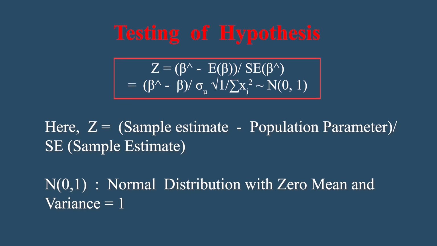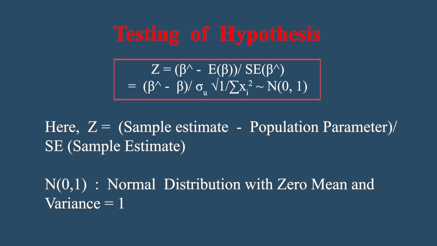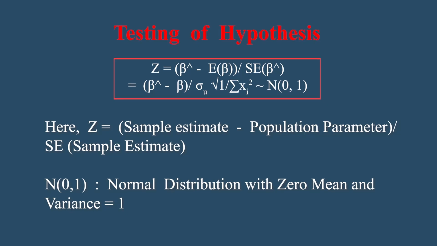By the z statistic, we mean beta hat minus the expectation of beta, where beta hat is the estimated slope coefficient and the expectation of beta is the mean of beta, divided by the standard error of beta hat. This is like any statistic in the testing of hypothesis: the sample estimate minus the population parameter, divided by the standard error of the sample estimator.